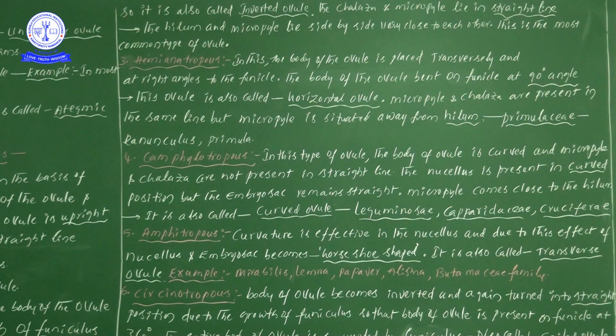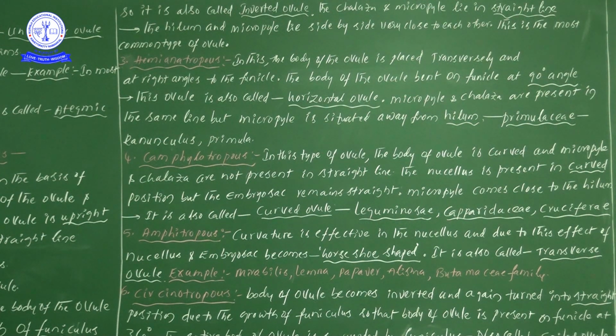line. Okay, so Anatropous ovules are inverted ovules. Why? Because in an Orthotropous ovule, the normal ovule, the micropylar region is towards the upside. When the ovule is inverted, then only we can observe the 180 degrees angle.